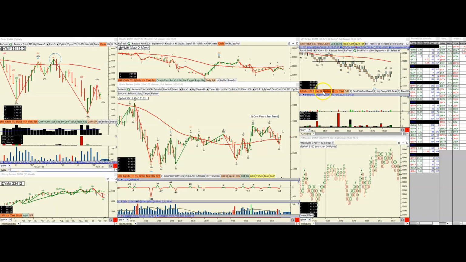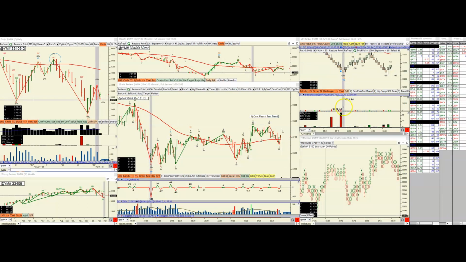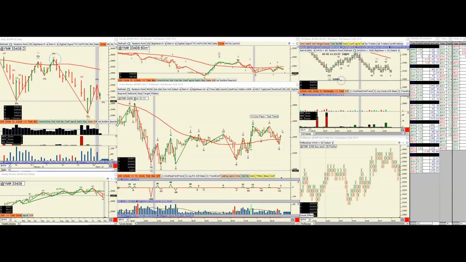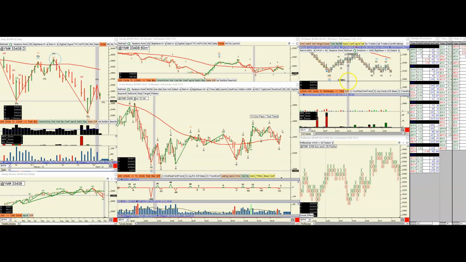Look at that big red. Right there. Tap, tap, break. Look at this. Heavy volume coming in. So there's a difference between breakout, breakdown, and climactic behavior.